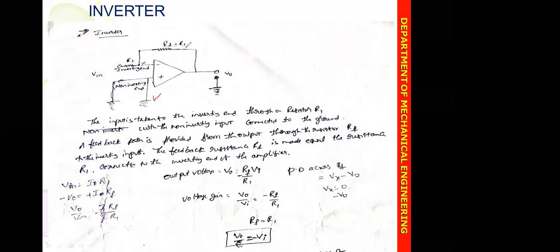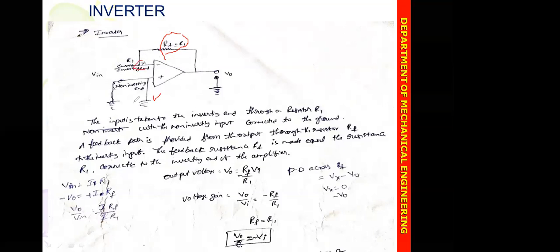Another feedback resistor RF is connected from the output of the amplifier to the inverting end. This is the inverting end.